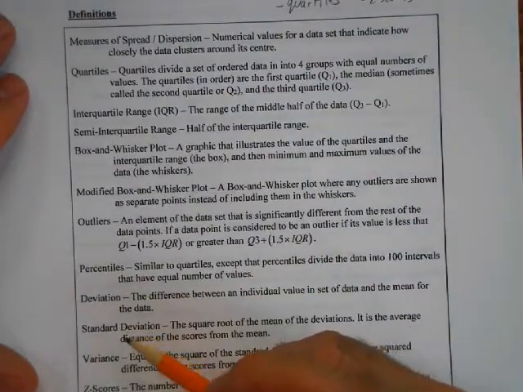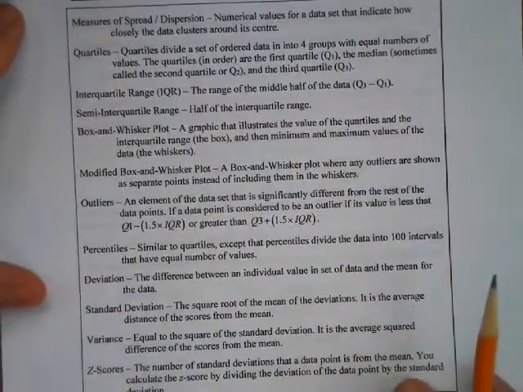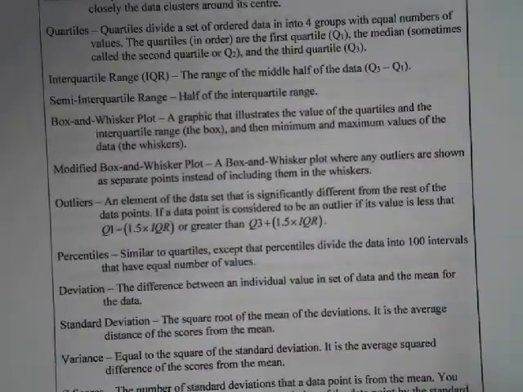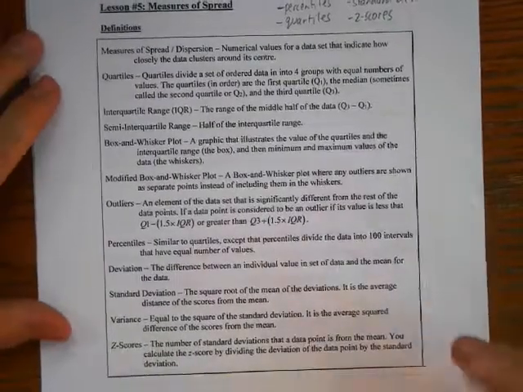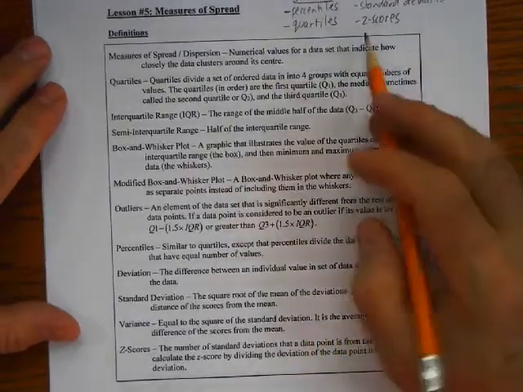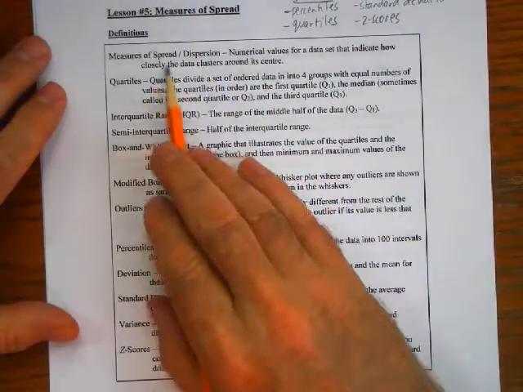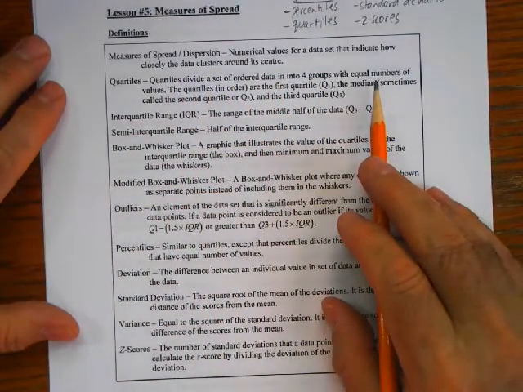So if I'm looking at the definitions here, there's a lot of definitions here. Just let me zoom out a little bit. A lot of definitions. I'm not going to go through them all now. I'll explain them as we come to each type of measurement. But for now, I want to show you that first we have the definition of measures of spread, and it's kind of what I said.